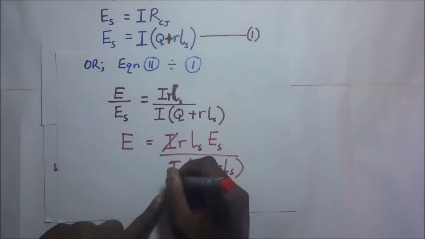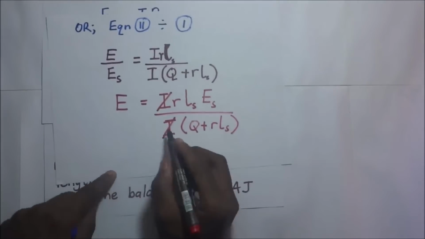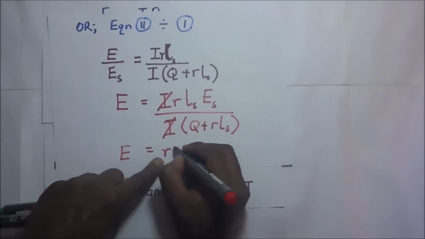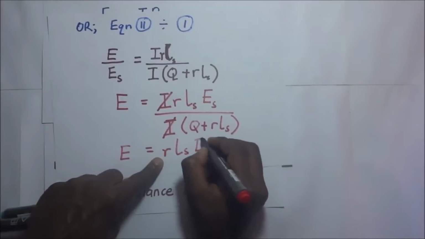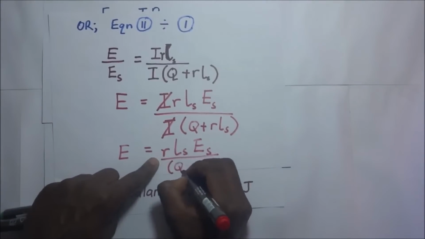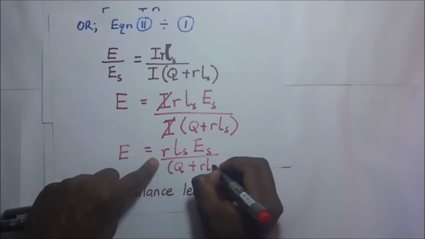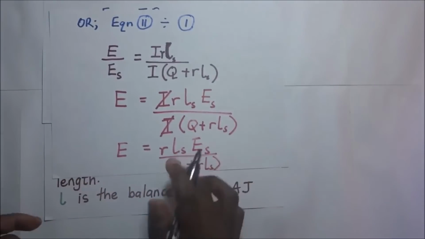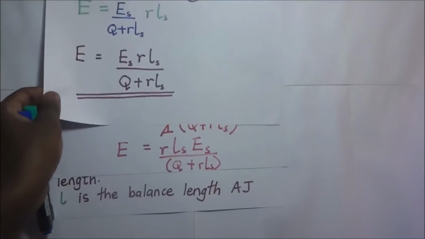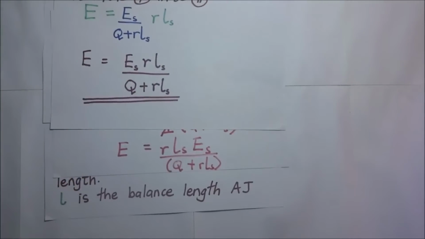This value of I and that value of I will cancel out, and you remain with your expression for E being R LS ES over Q plus R LS. You'll find that this expression is exactly the same as the expression we arrived at there. And that is how we're able to get the thermometric EMF using a potentiometer.